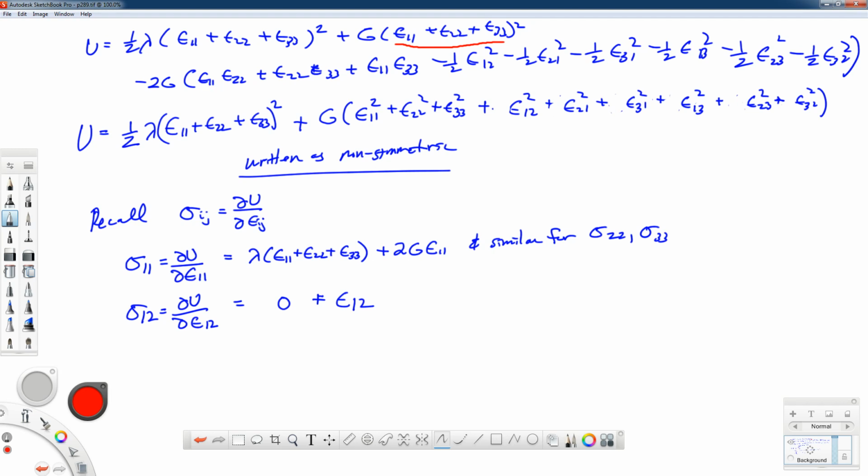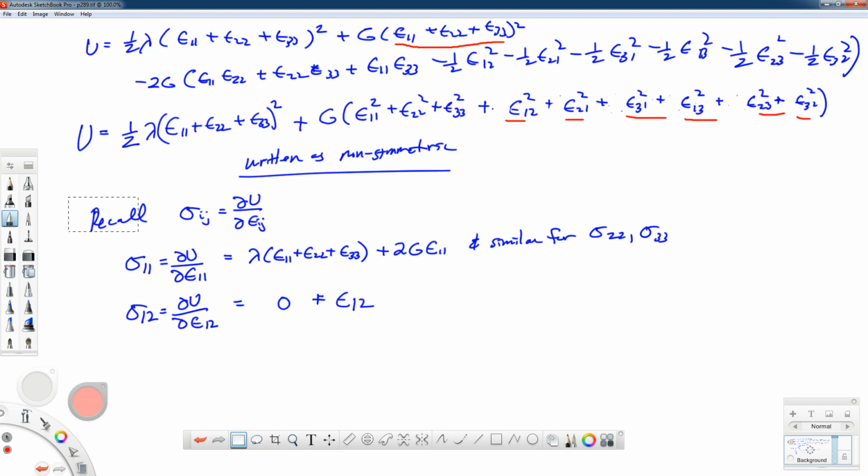So those products of the normal strains that are not with themselves vanish. If we distribute the minus 2 through, we have a positive epsilon 1 2 and an epsilon 2 1 and so forth in this expression.